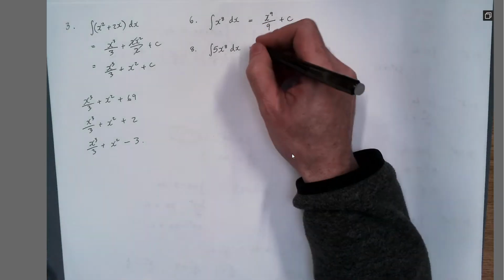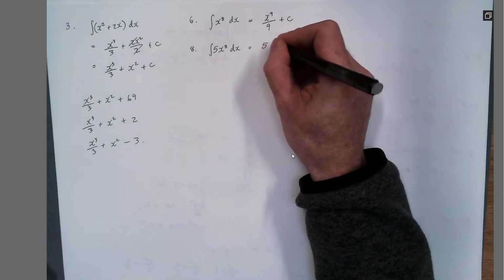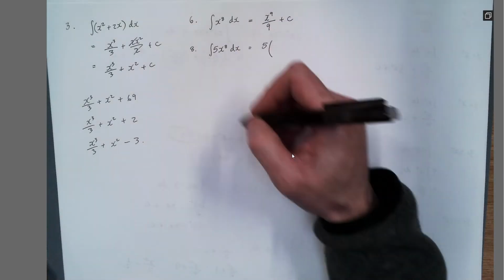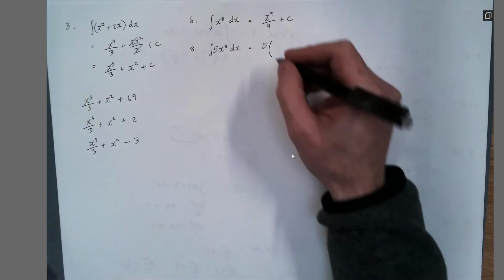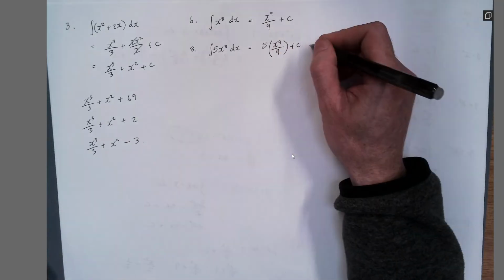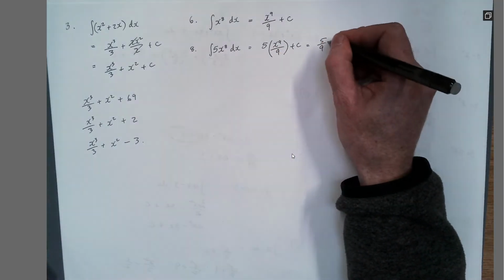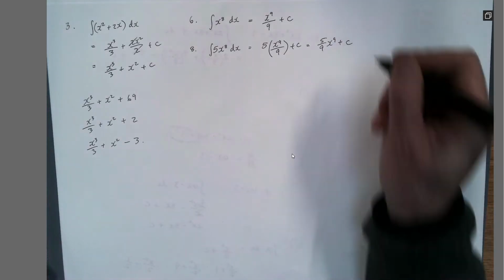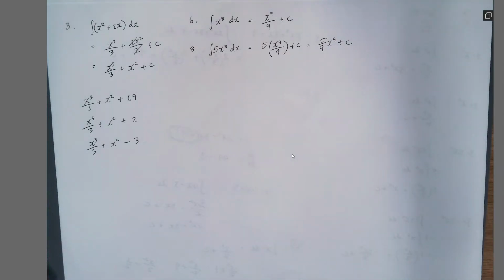The constant can go outside in a bracket, then integrate x to the power of 8, so you get x to the power of 9 over 9 plus c. That is handy.